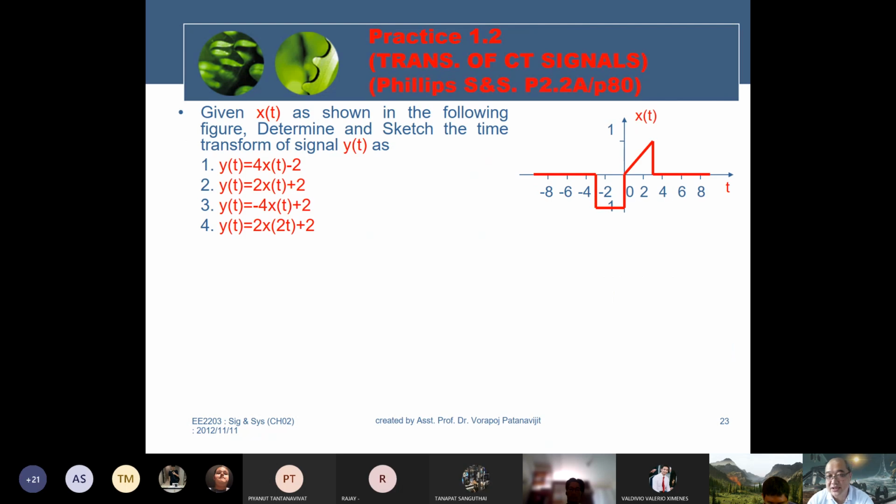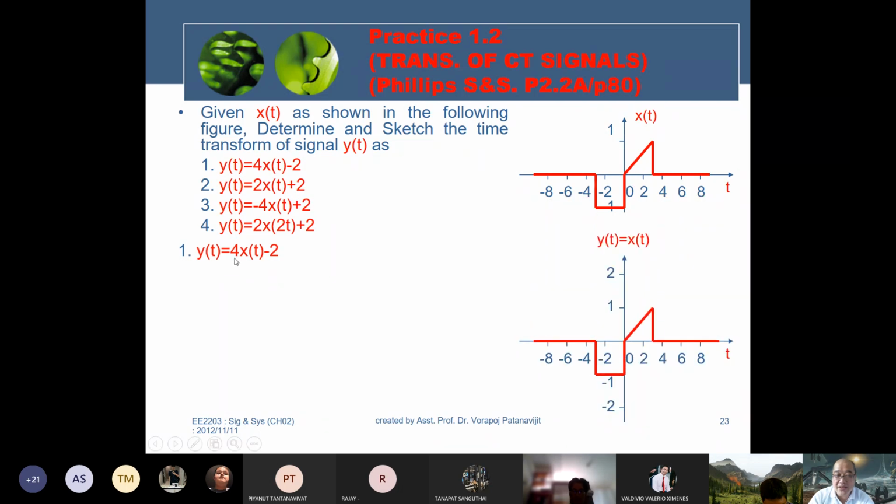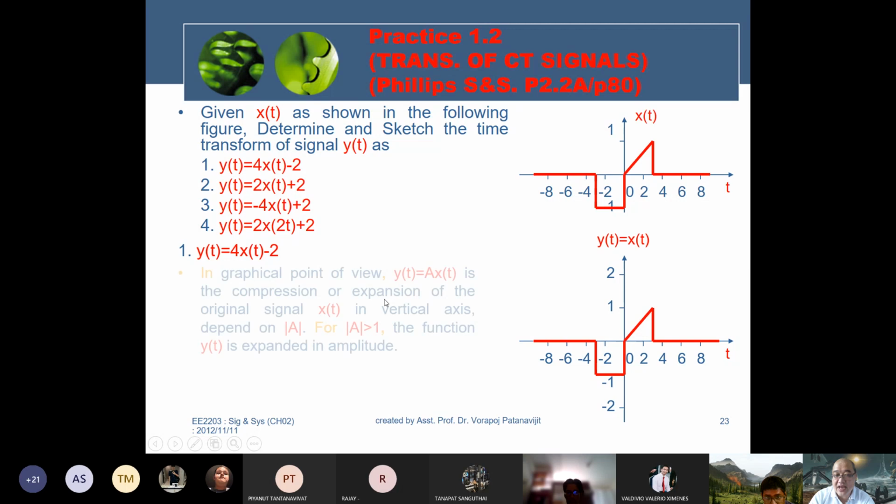Now the second question. It is y(t) equal to 4x(t) minus 2. The 4 represents amplitude scaling. Minus 2 represents amplitude shifting. For this case, you must take the amplitude scaling first.